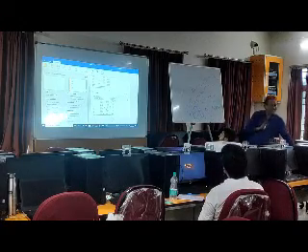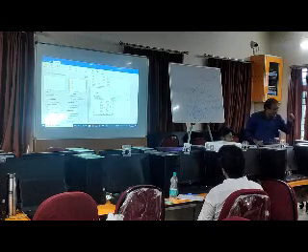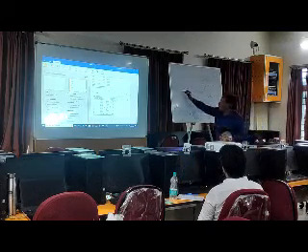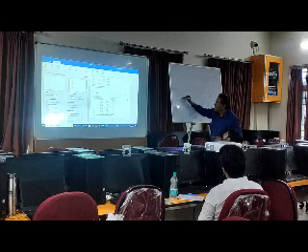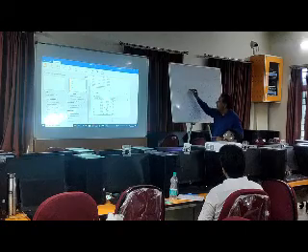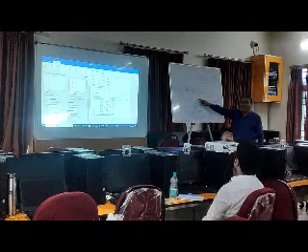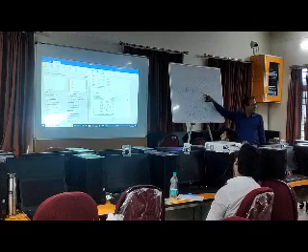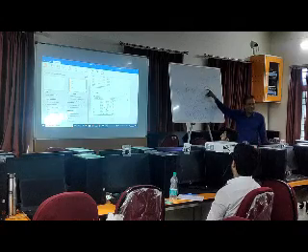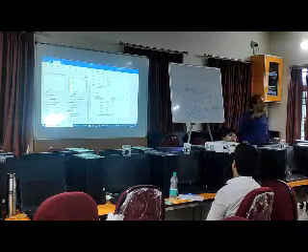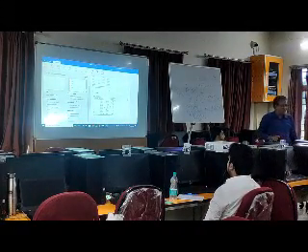So from this problem, we can easily say there are two groups. Group 1 containing x1 and x2, and group 2 containing x3, because there is a connection between factor 2 and x3. So this is the concept of PCA. Is it okay?